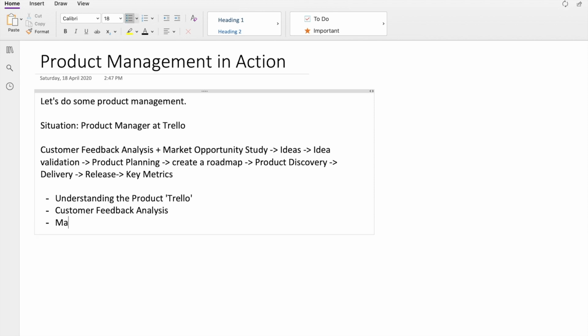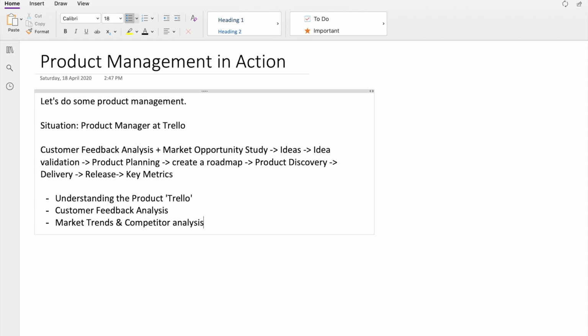In the subsequent section, we will understand market trends in the project management area that Trello is catering to, and we will do some competitor analysis. So we will identify some competitors of Trello and do some competitor analysis to see where Trello stands and what features would make sense for Trello.